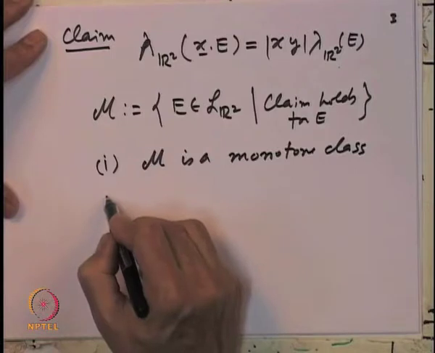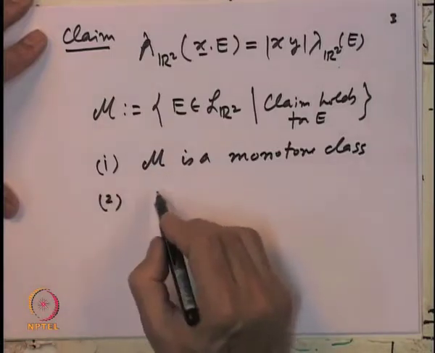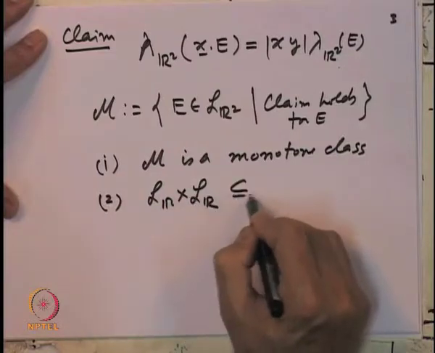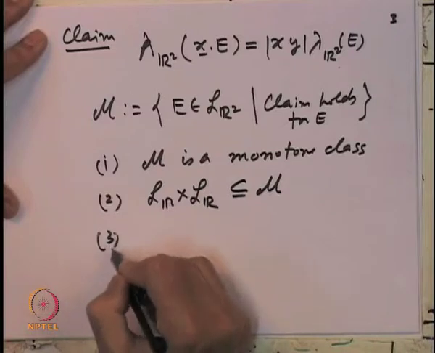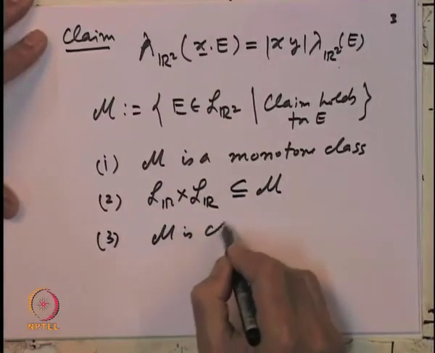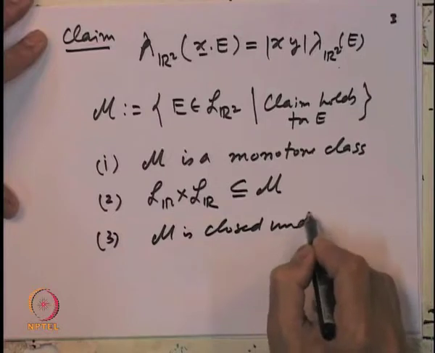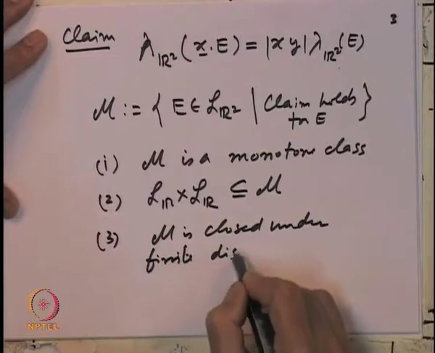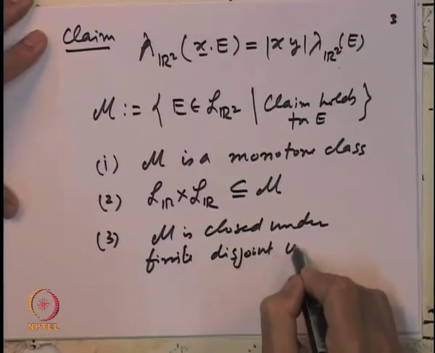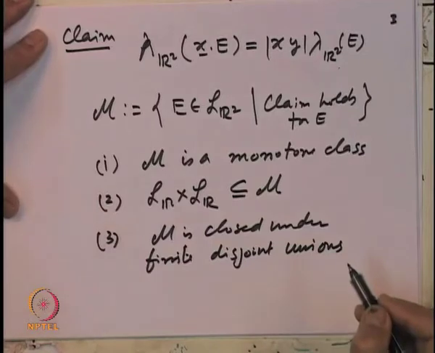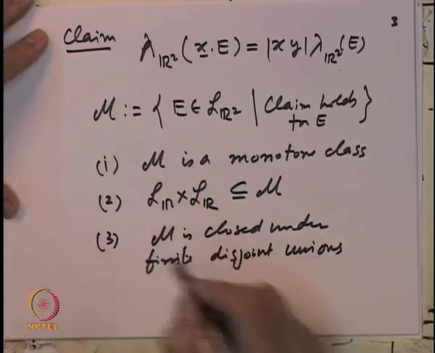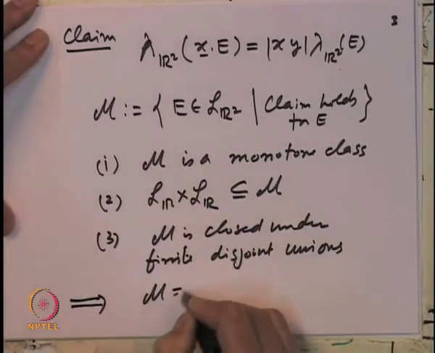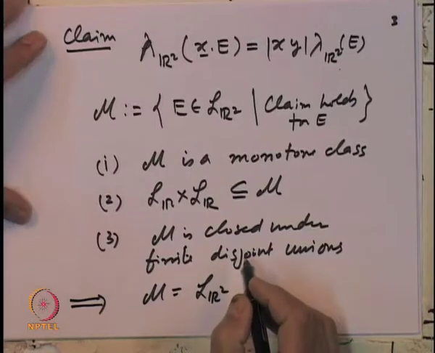Two, show that the rectangles L R cross L R are inside this class M, and third, this M is closed under finite disjoint unions. Once these three steps are proved, this will imply that M is equal to L of R 2 essentially. So, the idea is the following.